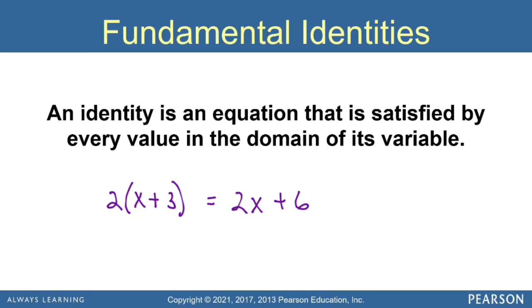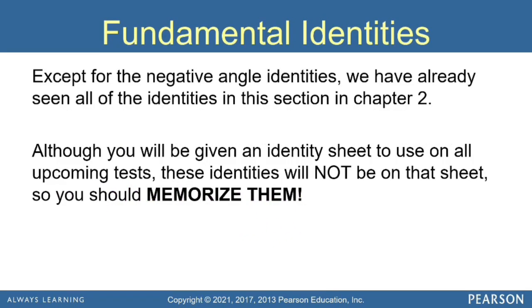This is an identity because no matter what value of x you plug in, both sides always have the same value. In other words, every number is a solution of this equation. One side is identical to the other for every value of x that can be plugged in. We have already seen all the identities in this section except for the negative angle identities that we're about to learn.